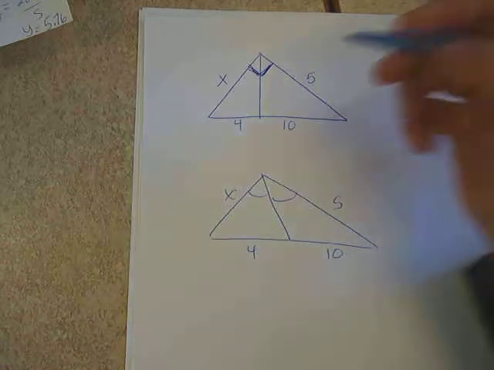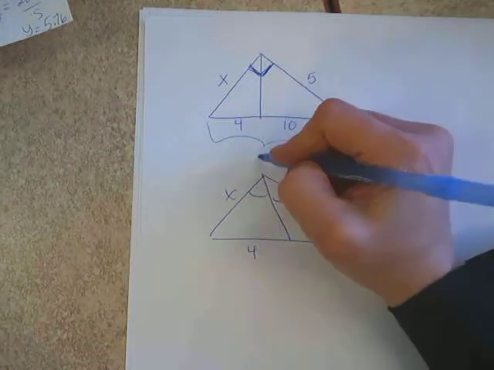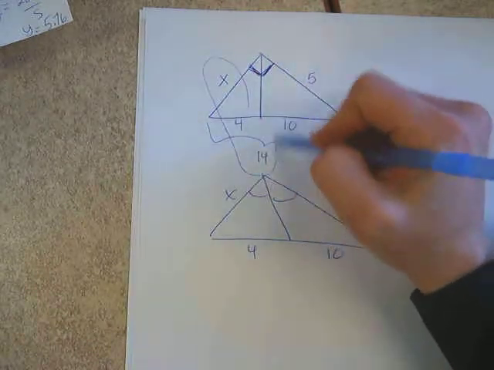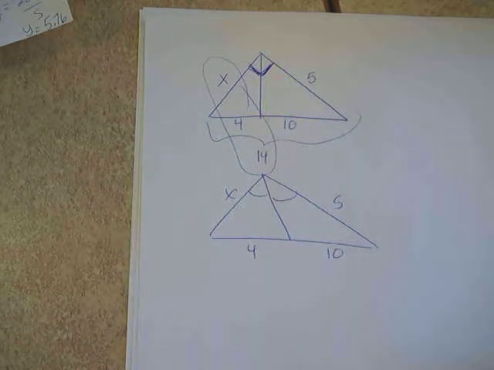So to find x, what would you need? You'd need c. So c is 14, and you would use that grouping to find x. Do you guys see the difference?